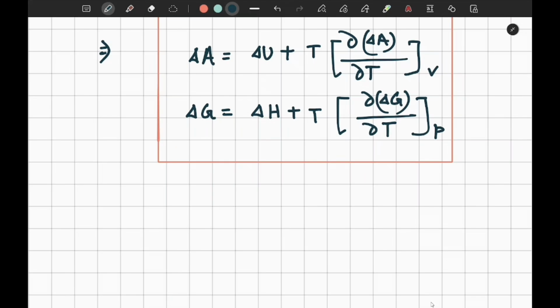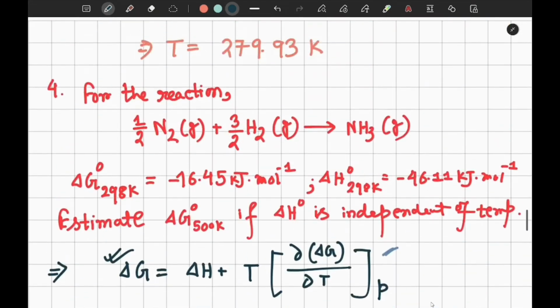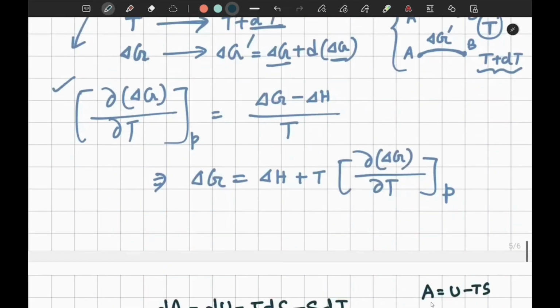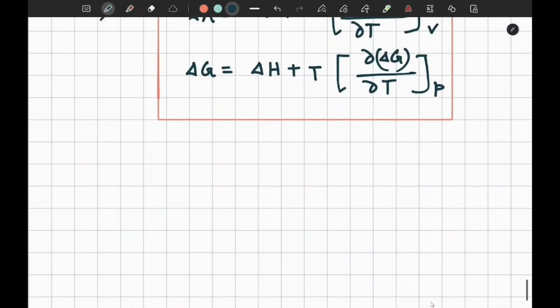Now, if I want to solve this problem, we have to calculate the change in delta G. Let me start with this.